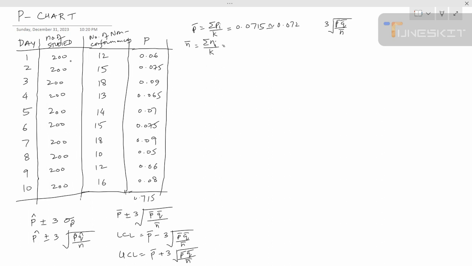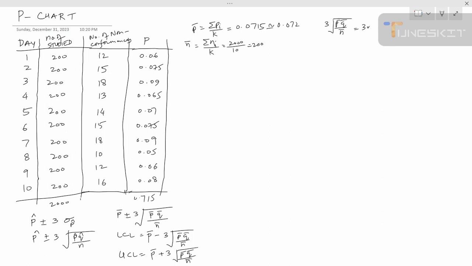When we add them all, we get the sum of 2000, because this is a constant value. This may differ when on each day the number of rooms studied varies. In that case, we add them all and divide by the number of observations, the number of days. So 2000 divided by 10 gives us 200 as the n bar value.